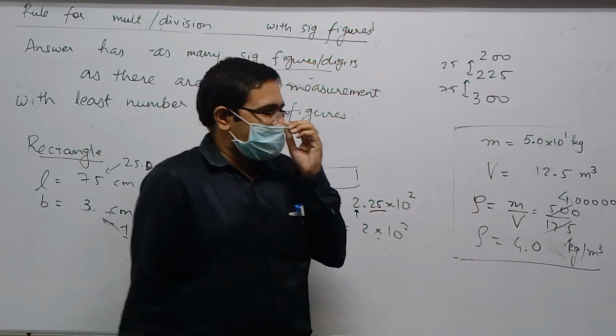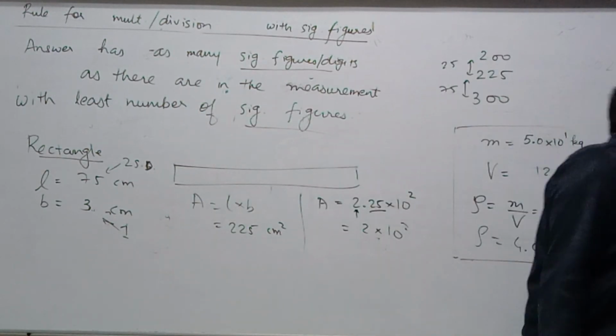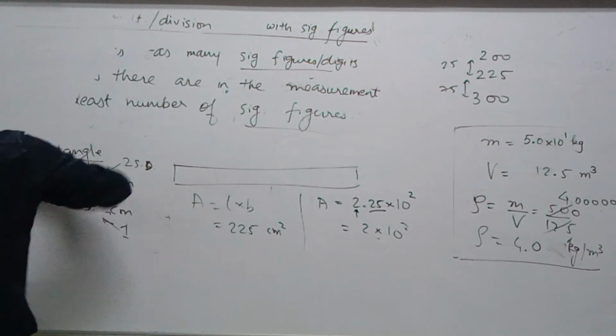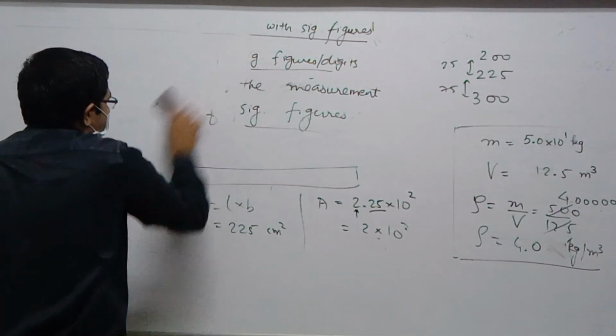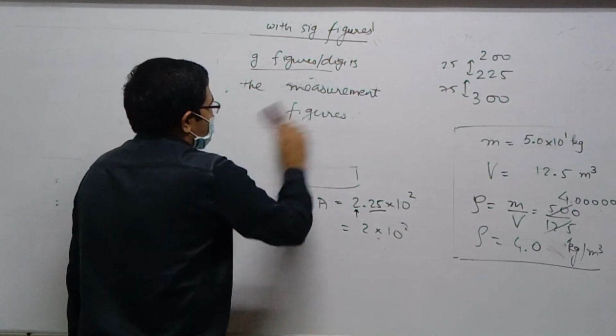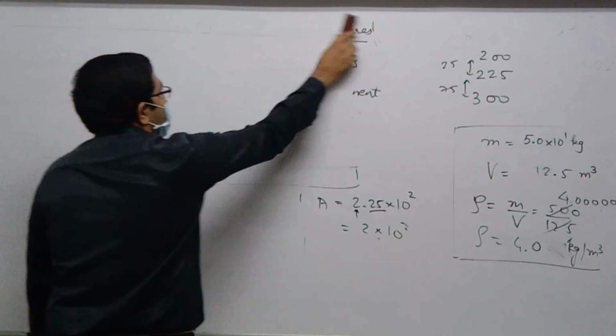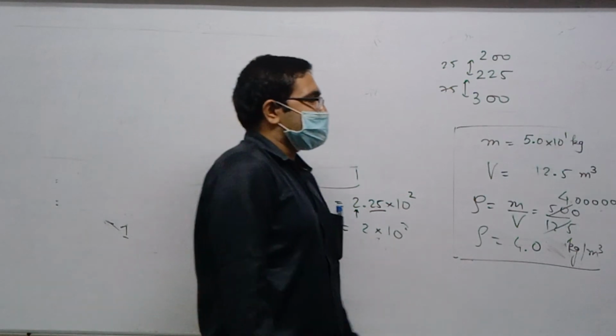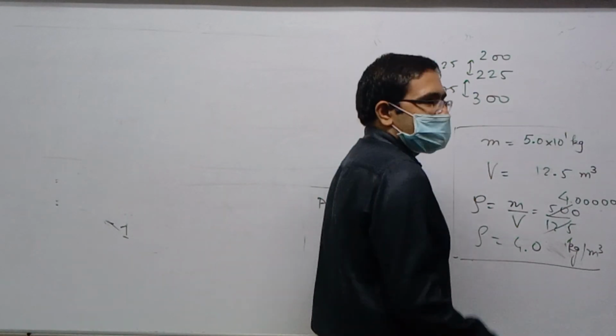Now, a little bit of comment on rounding things off. Are we counting this 10 raised to 2 as significant? Good question. Sir, because there is no rule for that.